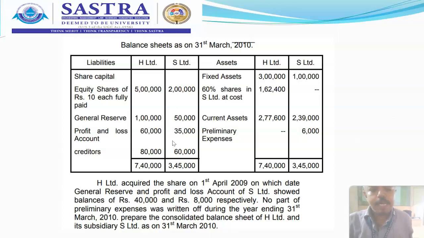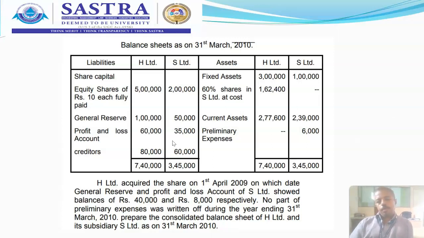That's why while calculating the capital profit, we added the general reserve of the previous year and the profit and loss account of the previous year, and then we subtracted the preliminary expenses there itself. That's why the net capital profit is rupees 42,000 and the revenue profit is rupees 37,000.